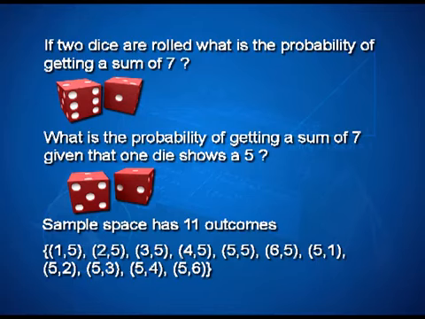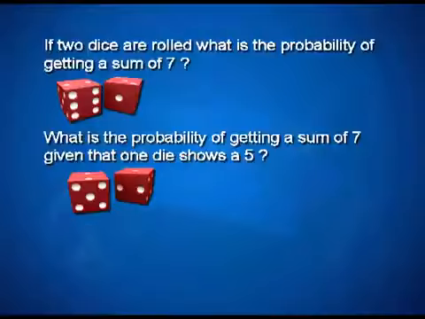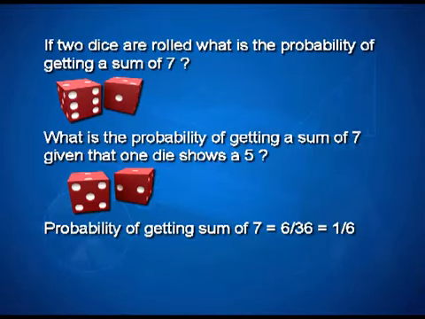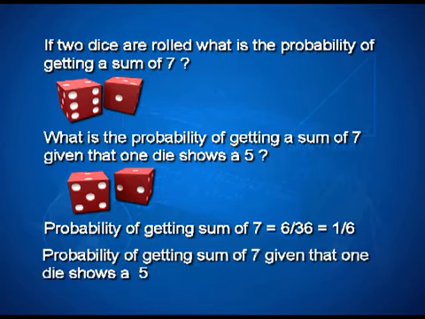So, if I want to talk about the probability, then in the first case the probability of getting a sum of 7 is 6 by 36, that is same as 1 by 6. Whereas, in the second case the probability of getting a sum of 7 given that one die shows a 5 reduces to 2 by 11.